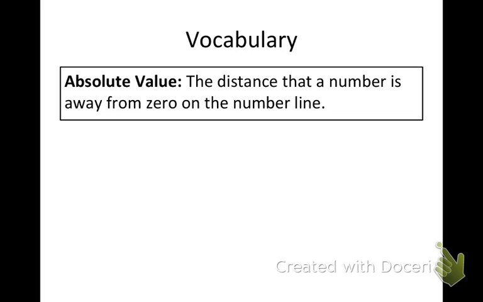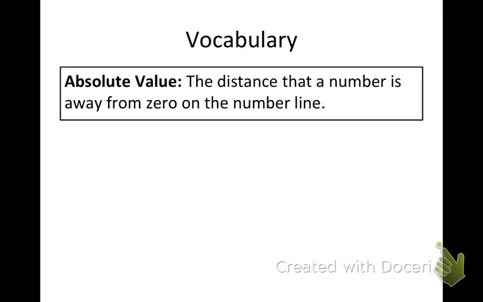So, absolute value is the distance that a number is away from 0 on the number line.